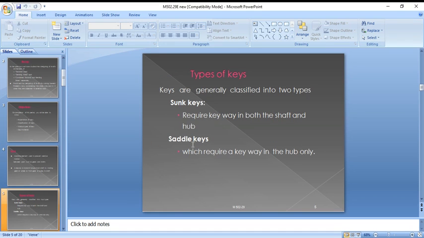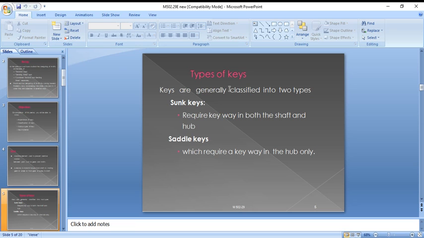The basic types of keys are sunk keys and saddle keys. Sunk keys require a keyway in both the shaft as well as the hub. For saddle keys, a keyway is required only in the hub.